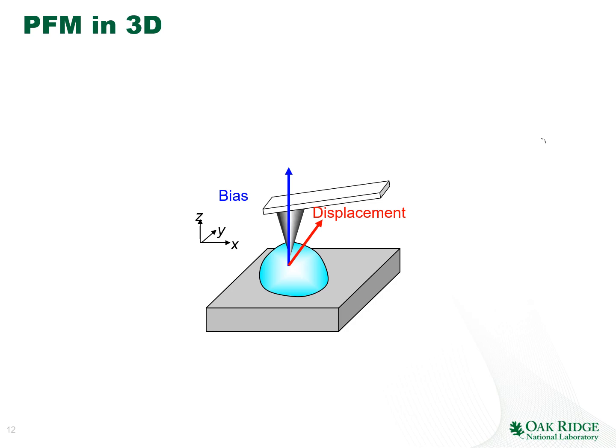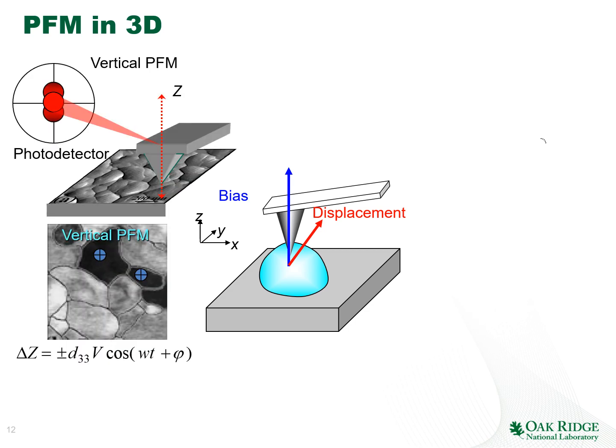So now if we have the PFM that measures the vertical displacement perpendicular to the surface and the in-plane displacement, we can actually combine these measurements to get a picture of the displacement vector. This is an example of a data set when we measure the vertical PFM. So this is the vertical signal.